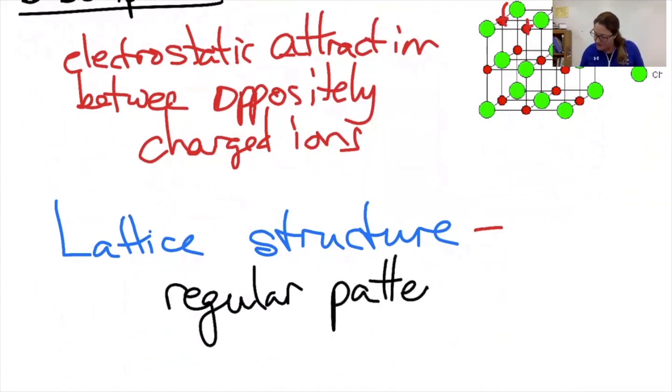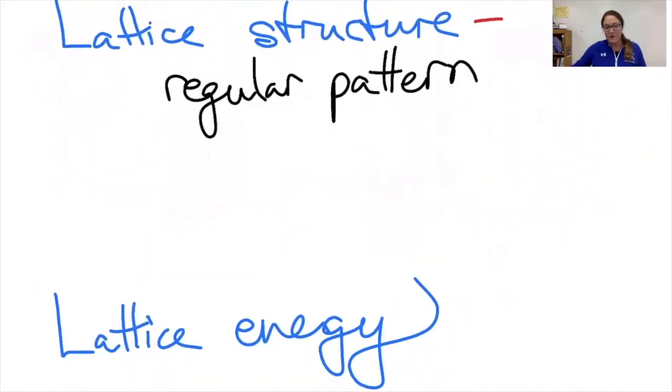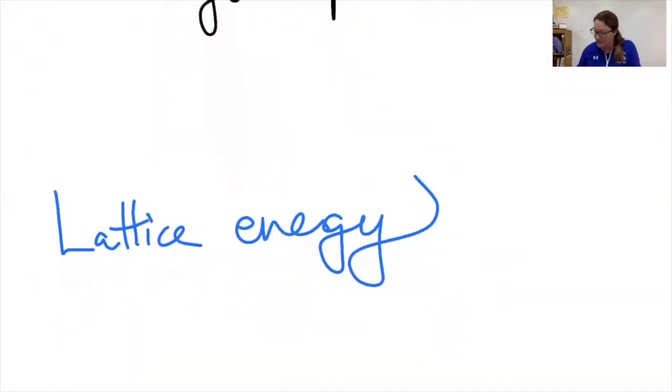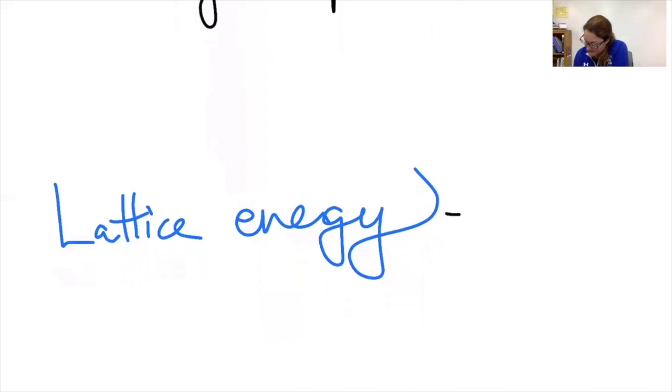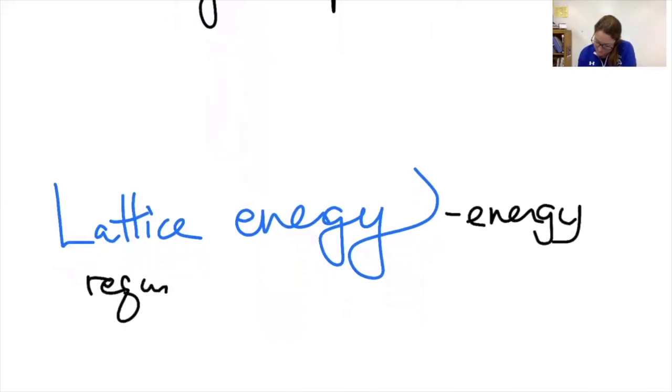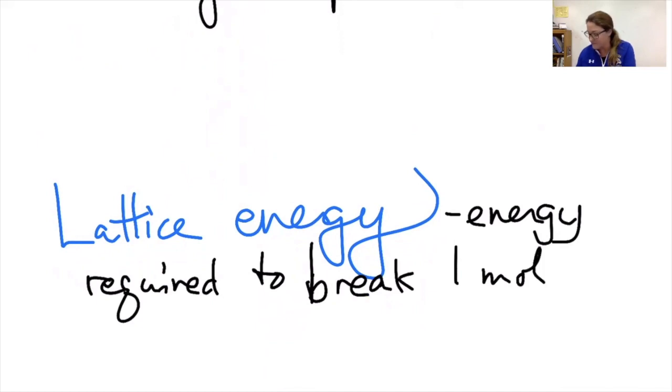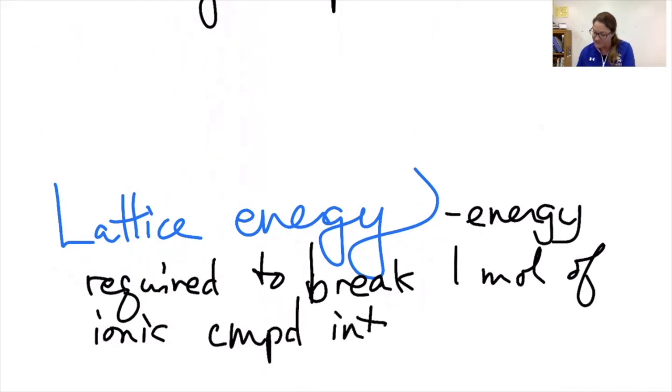You may hear the term lattice energy. If you hear the term lattice energy, this is how it's defined: as the energy required to break 1 mole of an ionic compound into its gaseous ions.